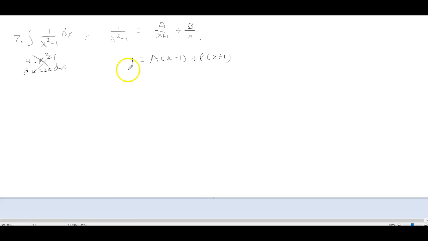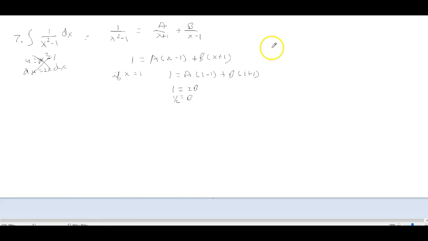And then I got to figure out what x's make it equal to 0. I'm going to choose what makes this equal to 0, which is x equals 1. If I do that, I get 1 equals A times 1 minus 1, plus B times 1 plus 1. And I get 1 equals 2B, or B equals a half.